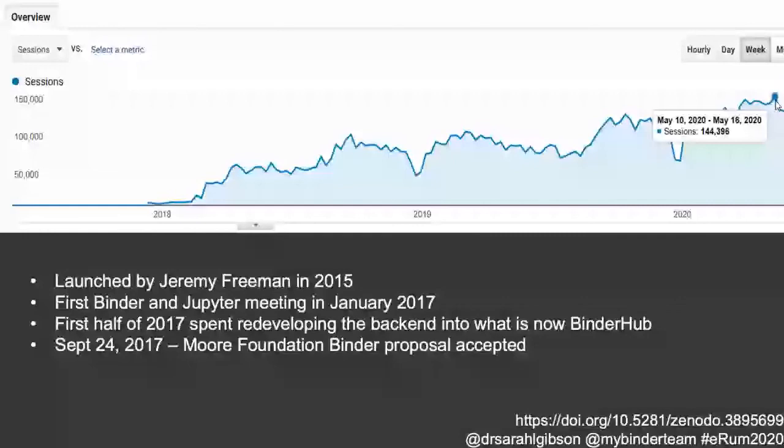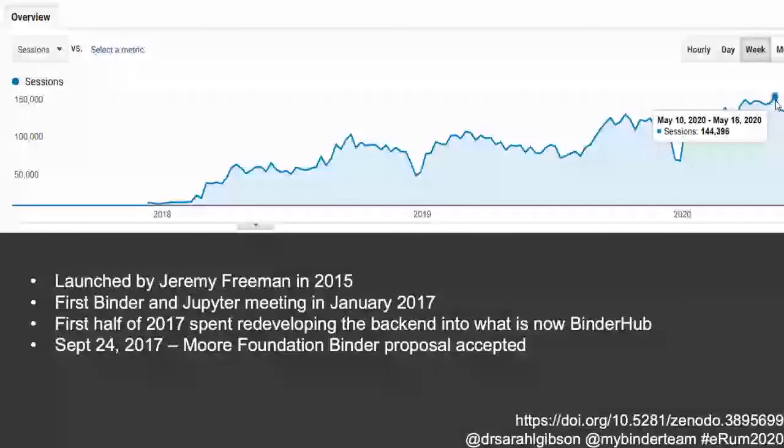And in September of 2017, Binder received a Moore Foundation funding opportunity as well. Since our humble beginnings, we've now grown to hosting over 140,000 user sessions per week. So in roughly 3 years, we've brought this tool from a prototype to a staple of the open science community.